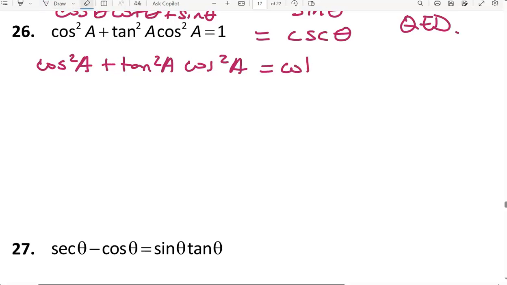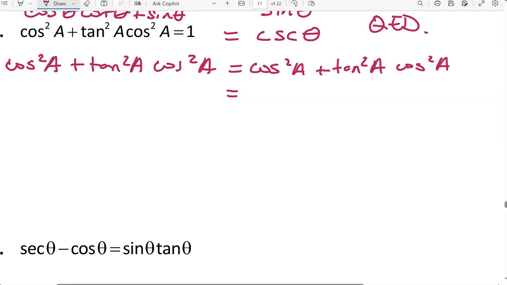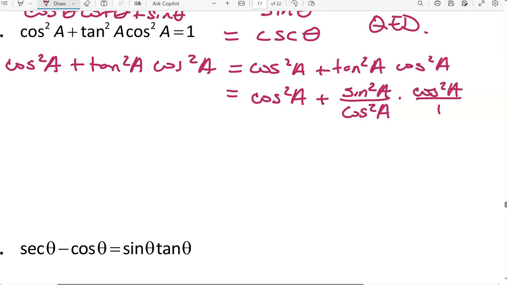So that would be the cosine squared of A plus the tangent squared of A times the cosine squared of A. And similar to our previous, I'm going to take any functions that were not cosines or sines and re-express them as cosines or sines. Tangent squared of A is the same as sine squared of A divided by the cosine squared of A. That's just the square of the quotient identity. And then we can multiply that by cosine squared of A. If you prefer, you can write that over 1.